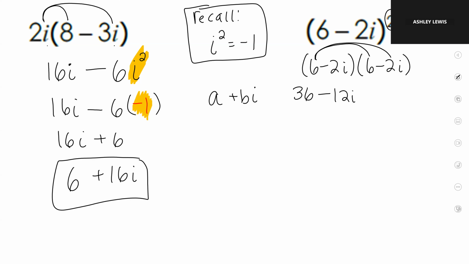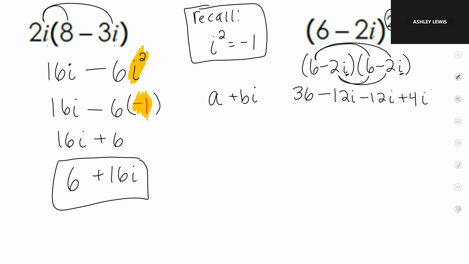Now let's do the next one. Negative 2i times 6 is negative 12i. What is negative 2 times negative 2? Positive 4. And what is i times i? i squared.